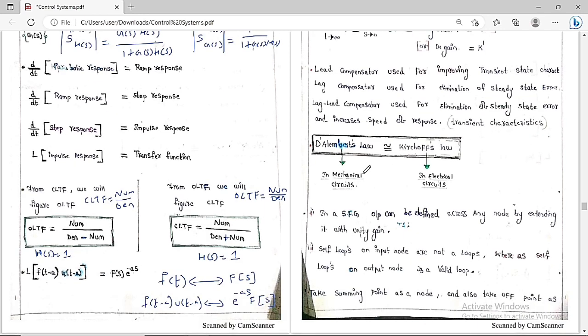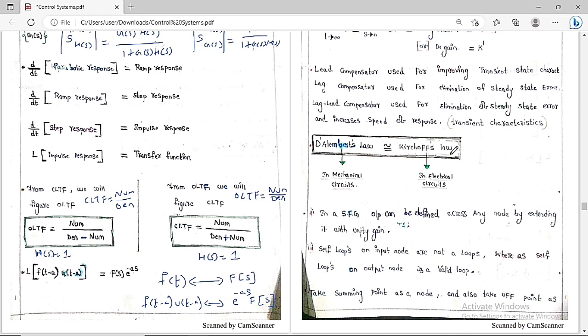The next thing is that d'Alembert's law is nearly equal to Kirchhoff's law, and we can say both are analogous. d'Alembert's law is applied in mechanical circuits, whereas Kirchhoff's law is used in electrical circuits. Therefore we can say these are analogous equations.